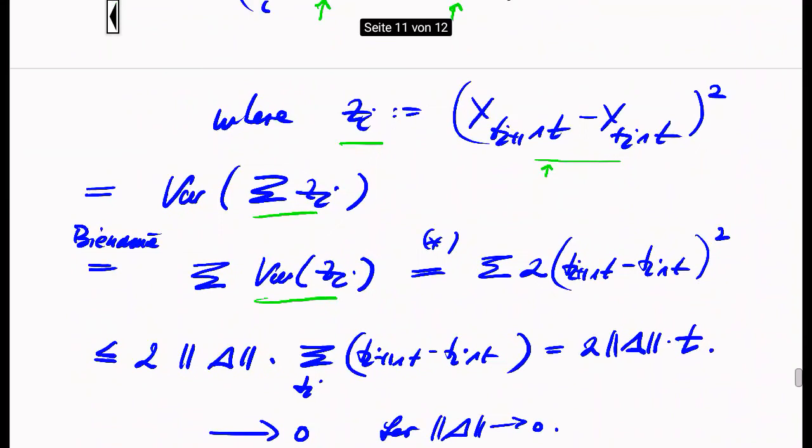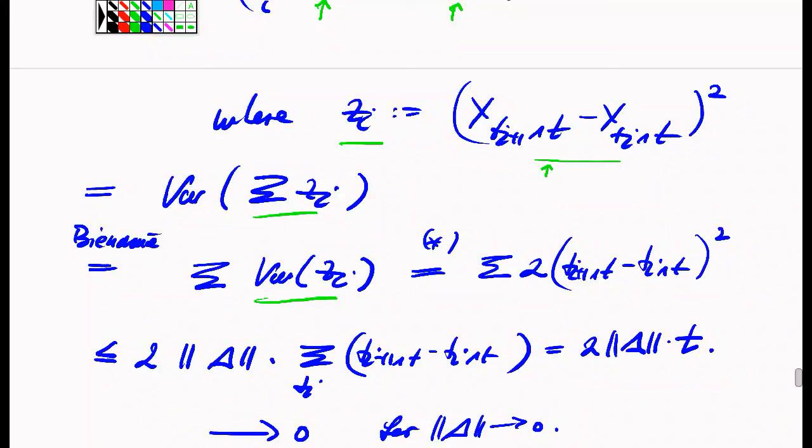Z_i is the square of a random variable which is normally distributed with expectation 0 and variance t_{i+1} minus t_i.